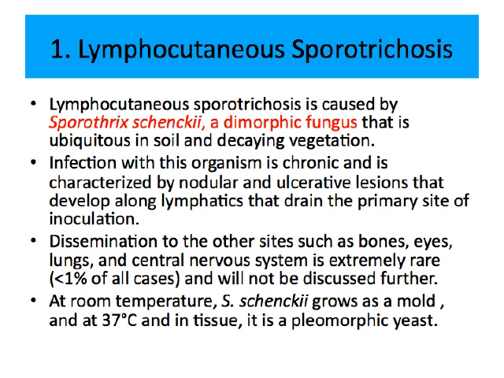They can even deposit in bones, eyes, lungs, central nervous system, though it's rare, but there are cases, especially if a person is suffering from AIDS, where the immune system is so compromised that even the central nervous system can be infected. And you can see from here also, the pleomorphic yeast grows as a mold at one temperature and as yeast at another. That's the challenge we have for dimorphic fungi, because many a time the form that causes disease is difficult to culture in the same environmental conditions, because they exist in two forms.